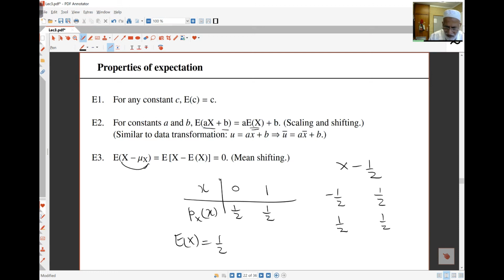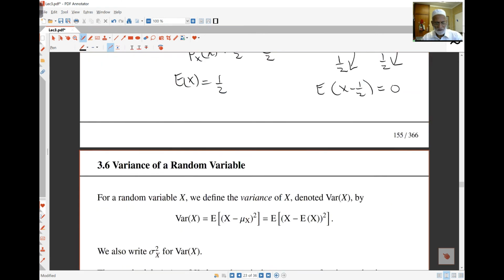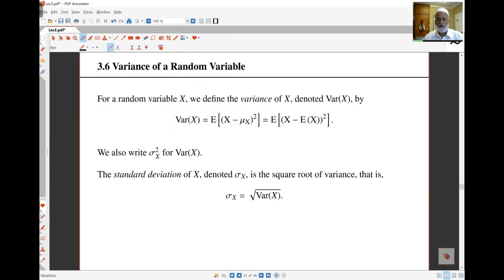You can see the mean of this is going to be equal to 0, because negative half times a half plus a half times a half gives me 0. So that holds very clearly, and this is a nice, neat way of looking at things sometimes. We'll look at variance afterwards.